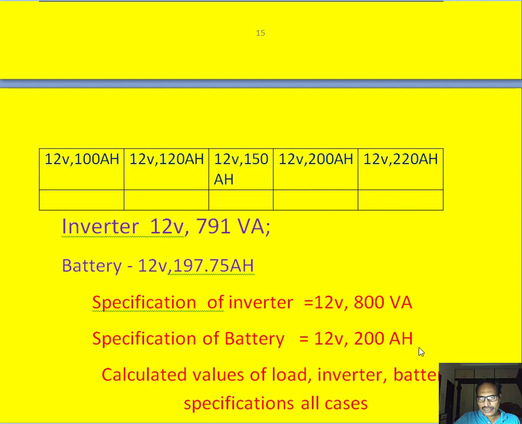Why are we choosing 200 ampere hours? Because the calculated value that we are getting here is 197.75 ampere hours. So the next value to this is 200 ampere hours. So we are choosing this battery.